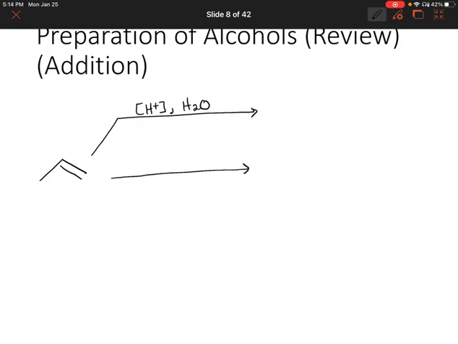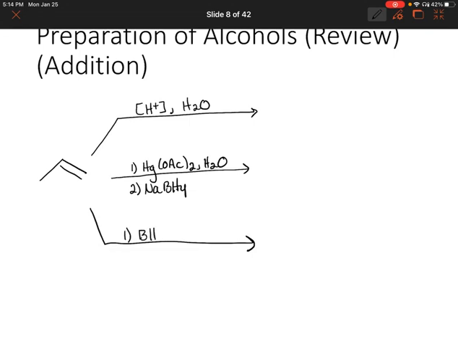We could use our oxymercuration demercuration. Or hydroboration oxidation.